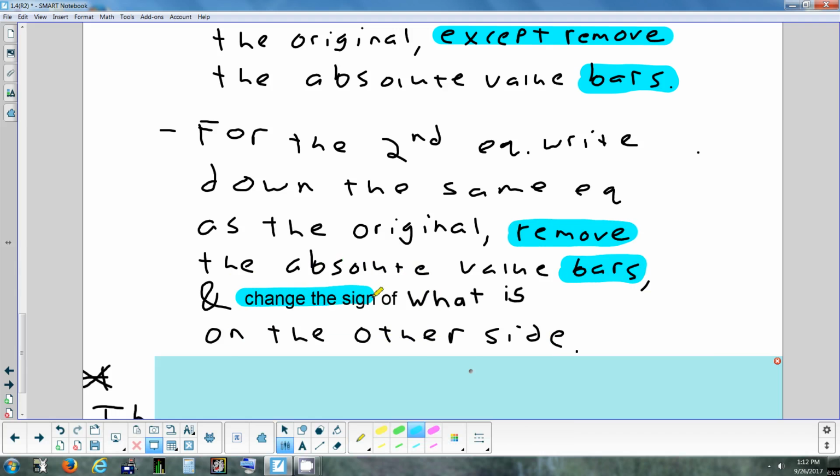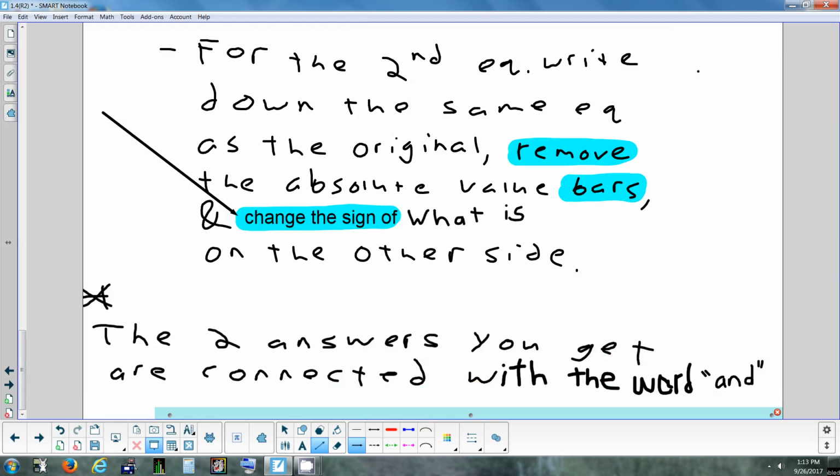But the second one, what else is going to happen? What's going to happen to the number that it equals? Remember, you're going to make it the opposite. If it's positive, make it negative. If it's negative, make it positive.